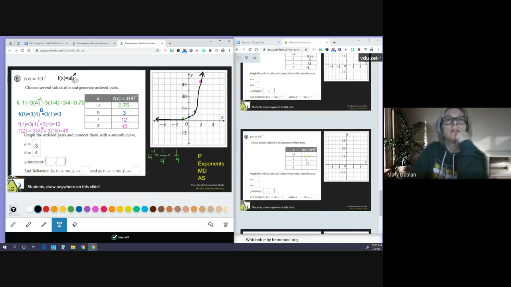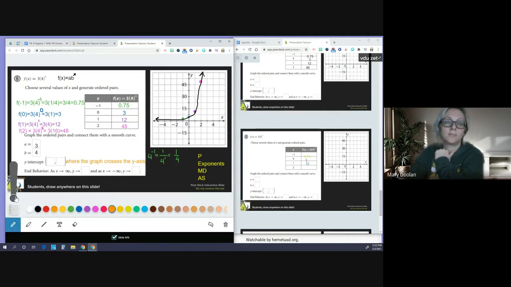3, 4, A, B. Y-intercept, there's lots of ways to find your y-intercept. I want to remind you that the y-intercept tells us where the graph crosses the y-axis. So when it says what is your y-intercept, it's asking you, where does the graph cross the y-axis? Let's go see where it crosses the y-axis by just looking at the graph.